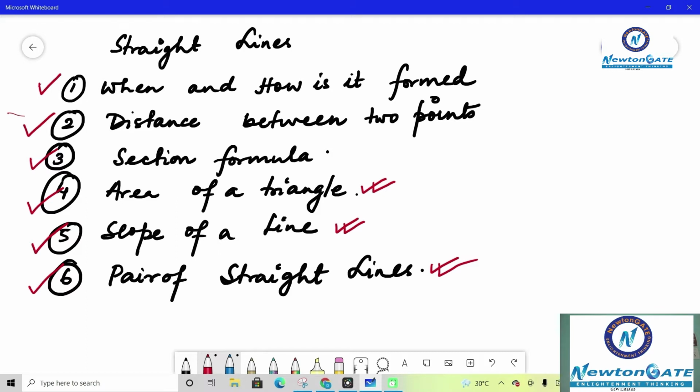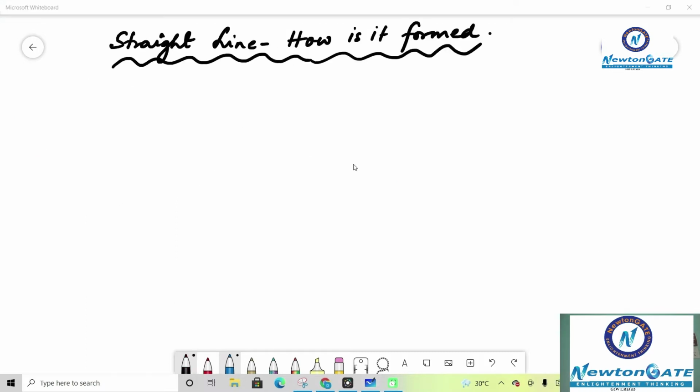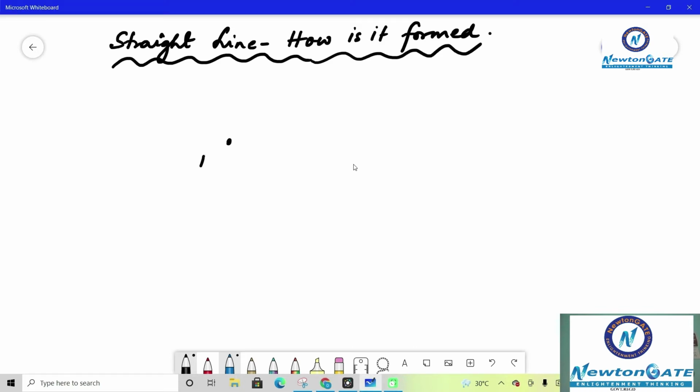So, straight line, how is it formed? For understanding this concept, let us go to the basics once again. Whenever we have 2 points, let's say P(x, y) and Q(x1, y1), the line segment which joins these 2 points will be a straight line.